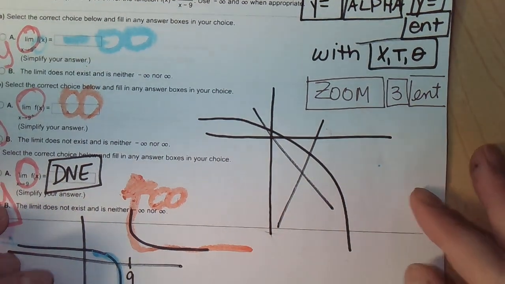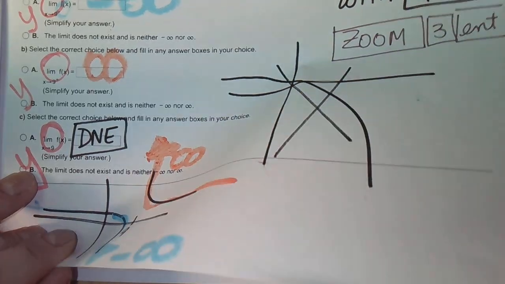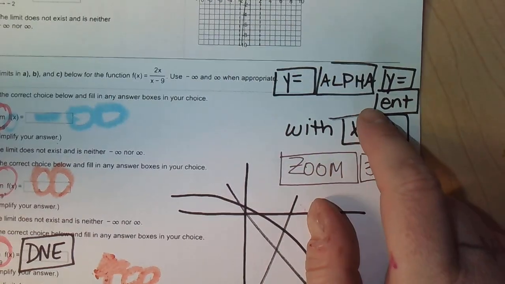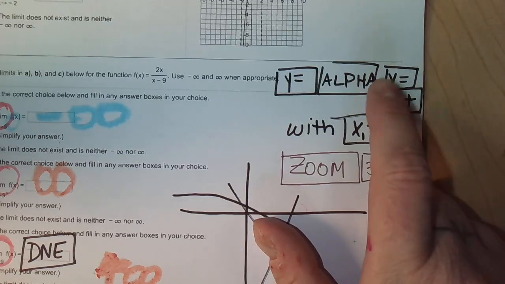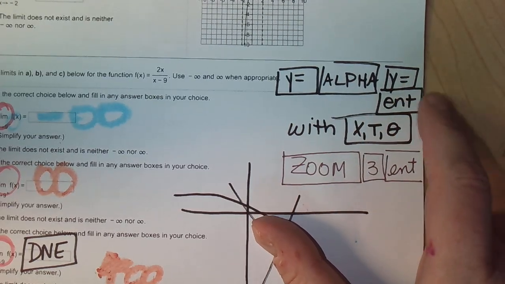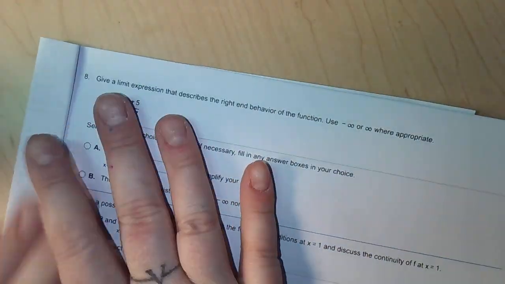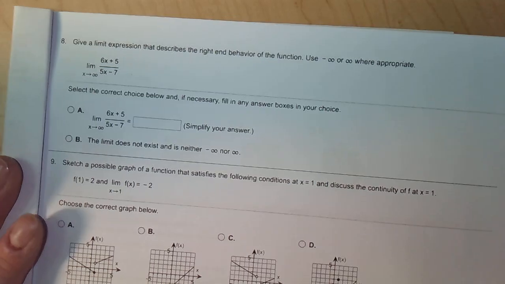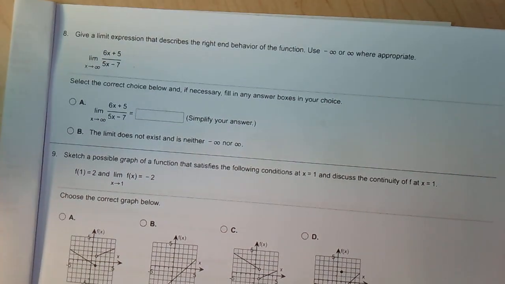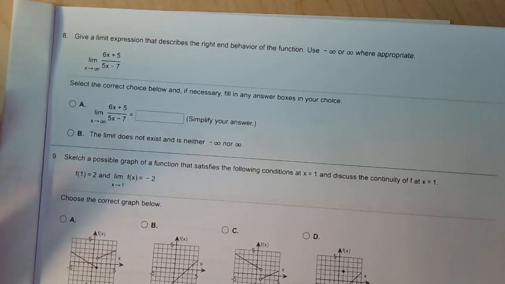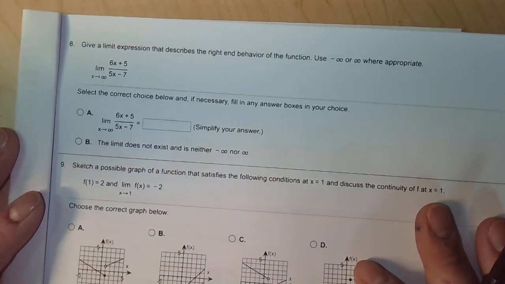It'll be the easiest way to see it. Again, to get those fraction boxes, you have to press y equals, alpha, y equals, enter. And remember, if you don't have a calculator, you can use your phone app for now, but when you get to the testing center, ask to borrow a calculator. Also, when you call the testing center, ask them if you can borrow a calculator.